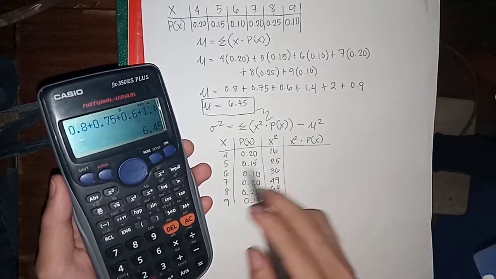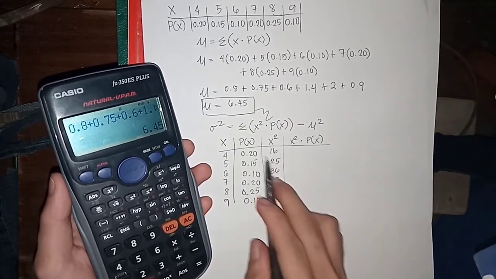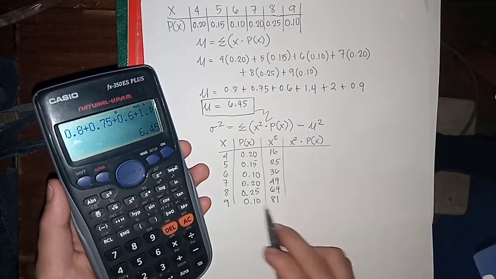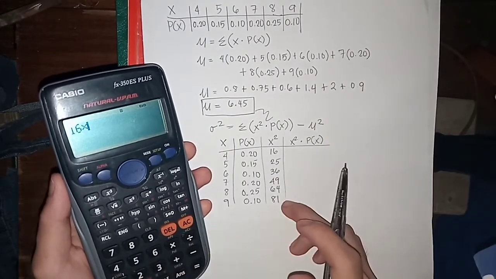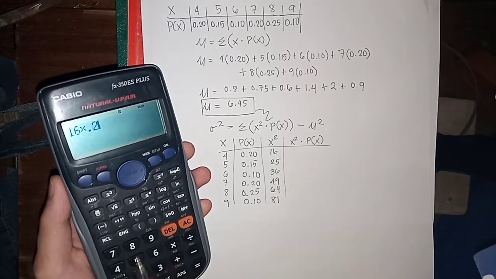After that, makuha natin yung square ng bawat x, imumultiply naman natin to isa-isa. So, we have 16 times 0.20.